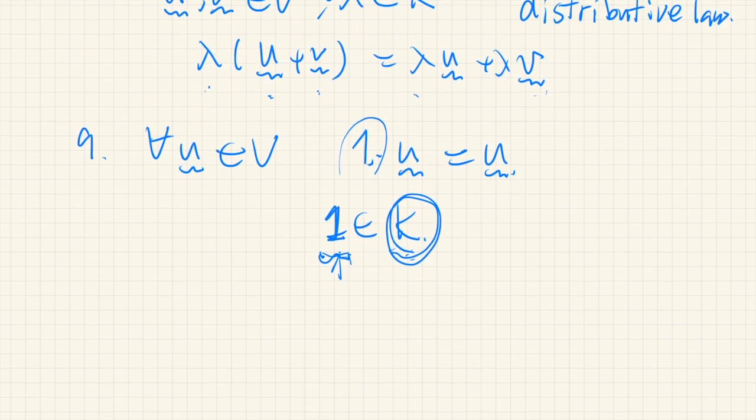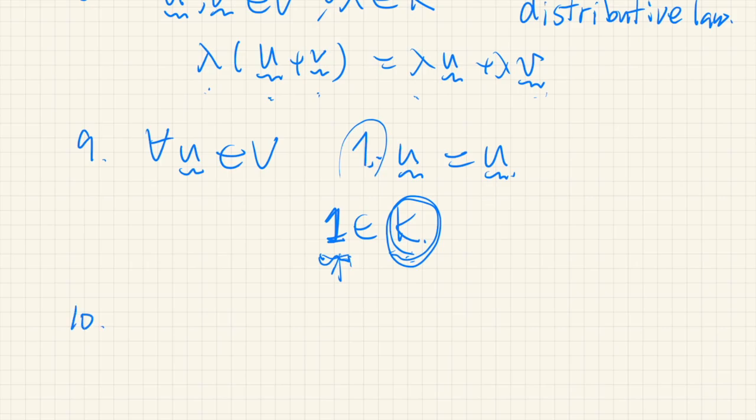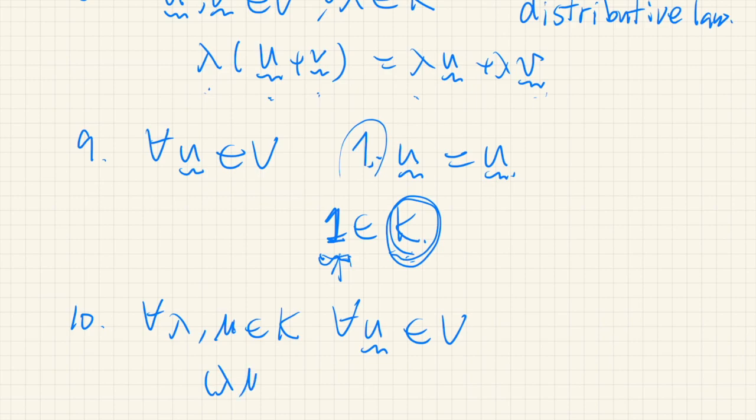And finally, for any two scalars lambda and mu in the field K, and for any vector u, we have this associativity of scalar multiplication. We first multiply lambda and mu, which is possible because K is a field, and the result times u is equal to lambda times mu times u.